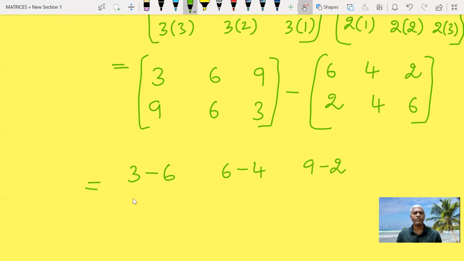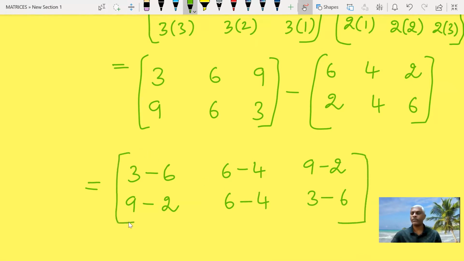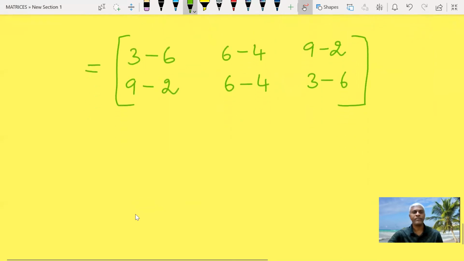So 9 minus 2, 9 is corresponding to 2. 6 minus 4, and 3 minus 6. So we subtract the corresponding elements from both matrices.